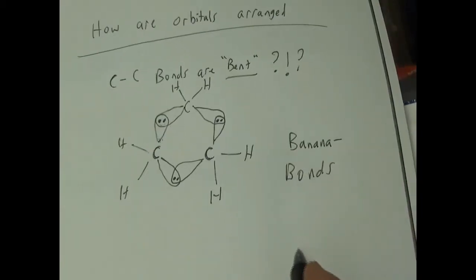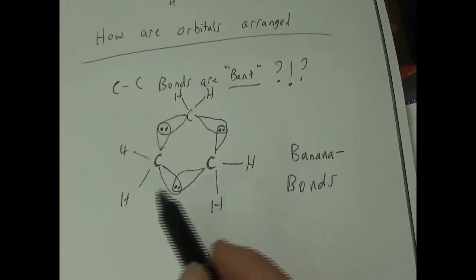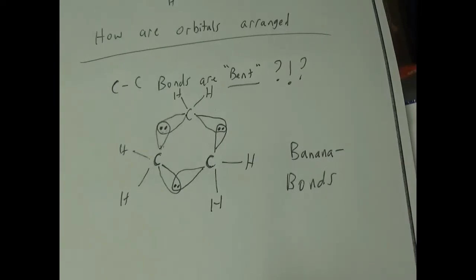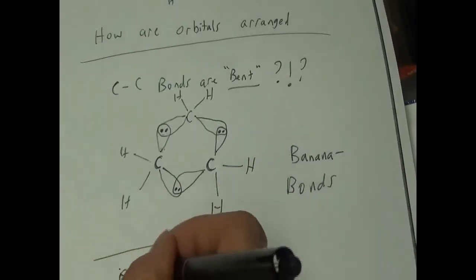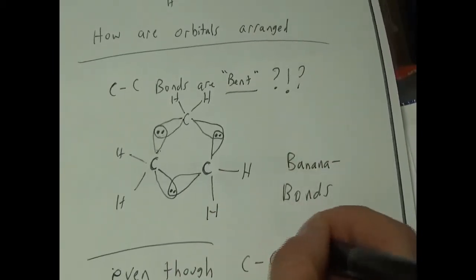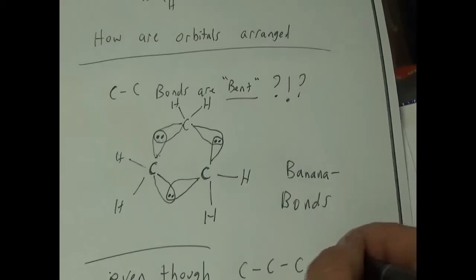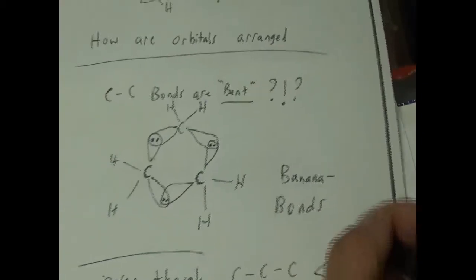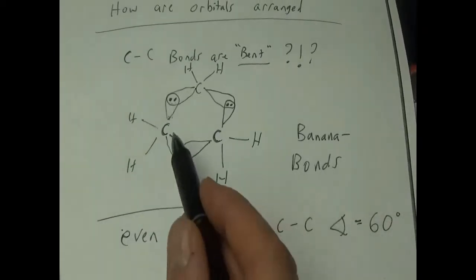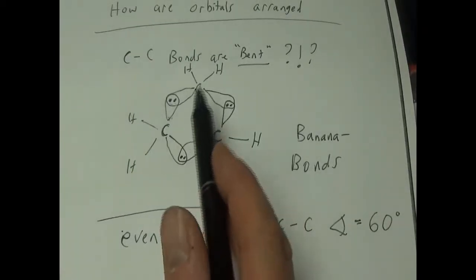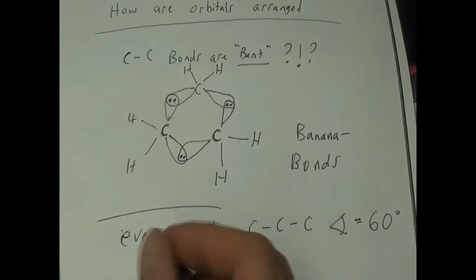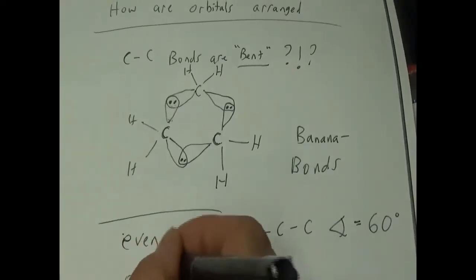Okay, so after you do this with the bent bonds, even though the C-C-C bond angle is 60 degrees, based on a straight line between the carbons, after you do this bending, the orbitals are nearly tetrahedral.